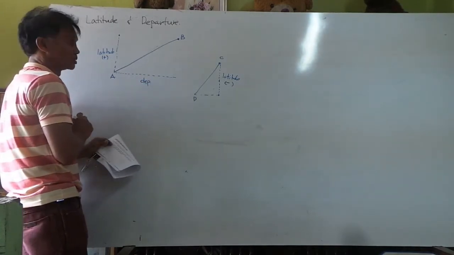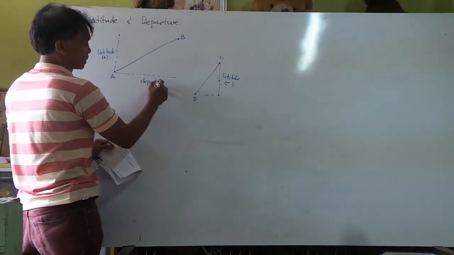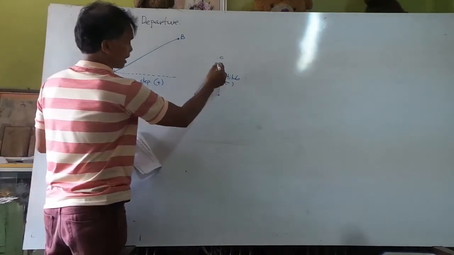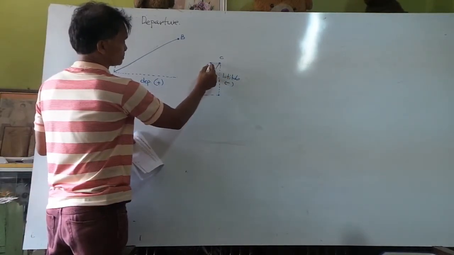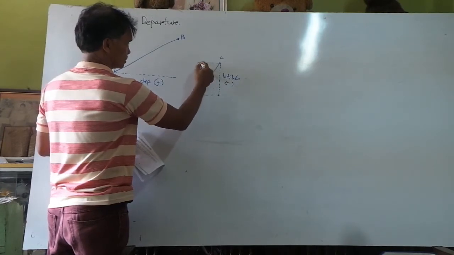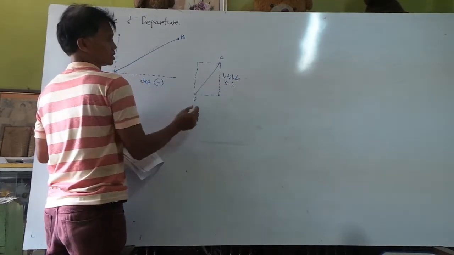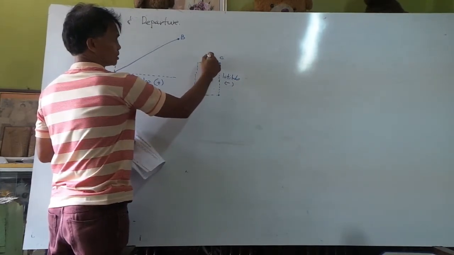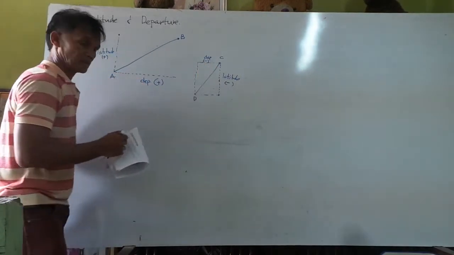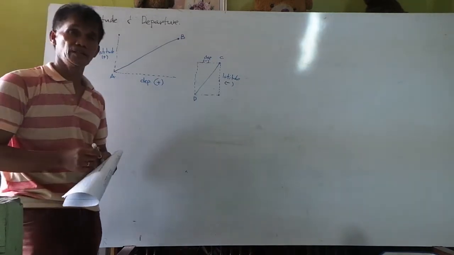When going to the east, the departure is positive. If going to the west, this is the departure going to the west, or negative departure.